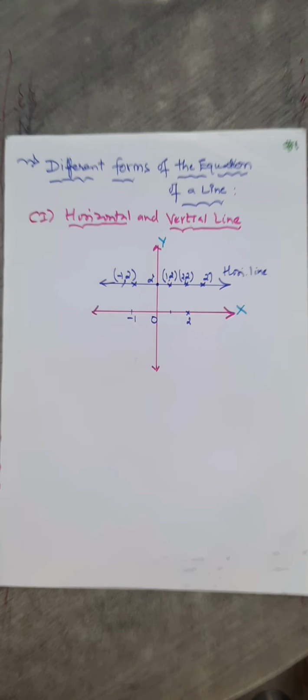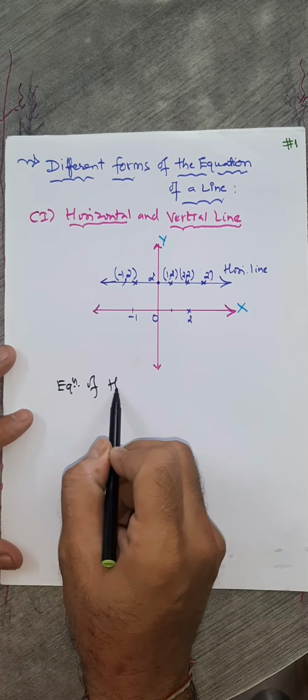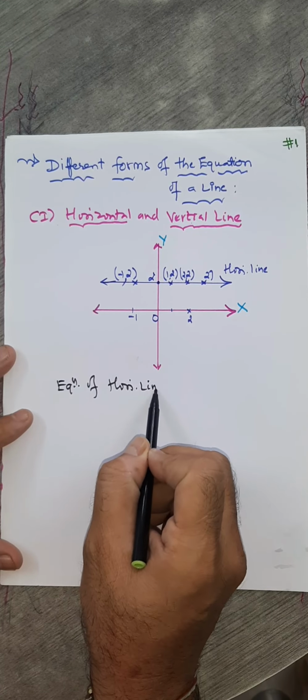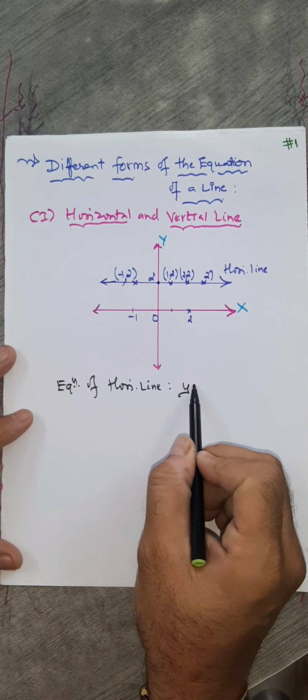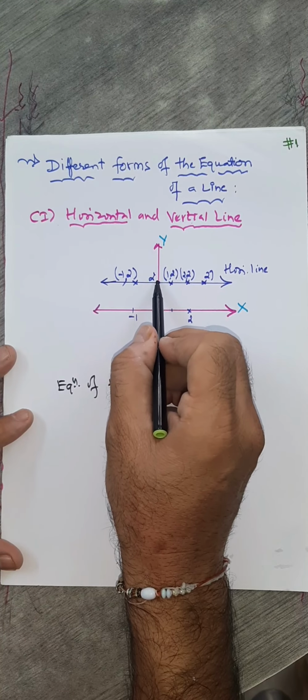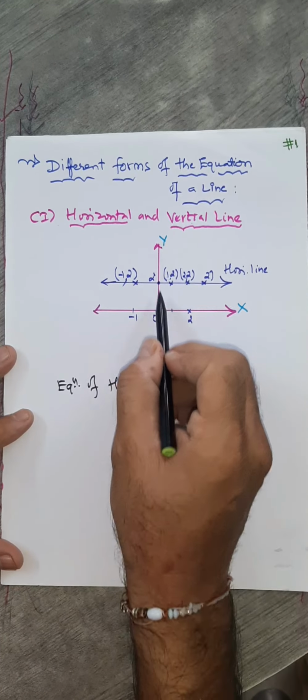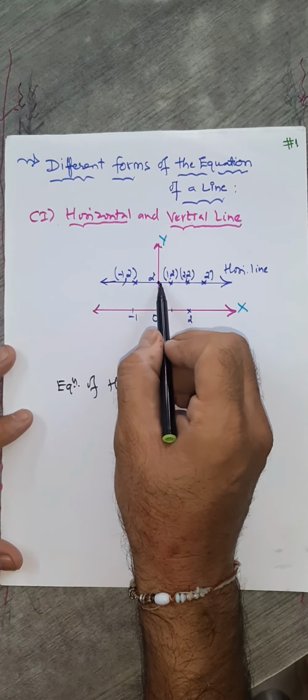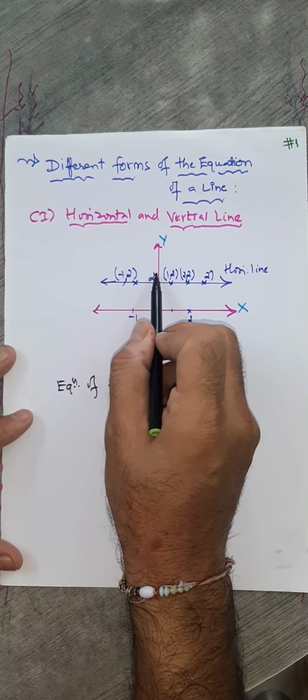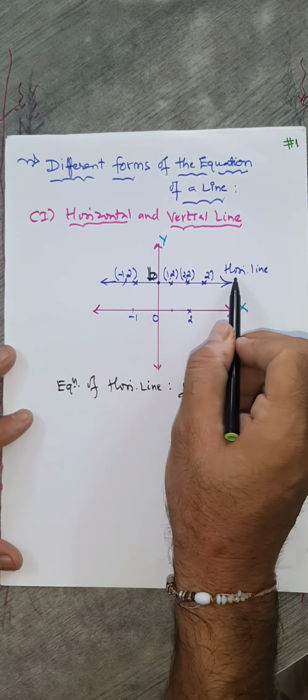So the equation of the horizontal line is y equals b, where I call this constant b. Everywhere the y coordinate will be b.